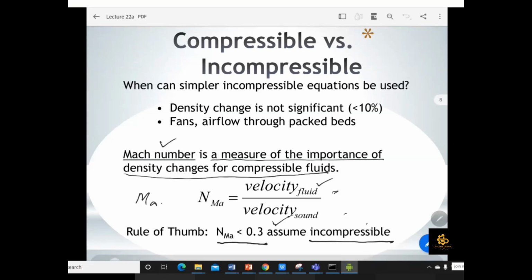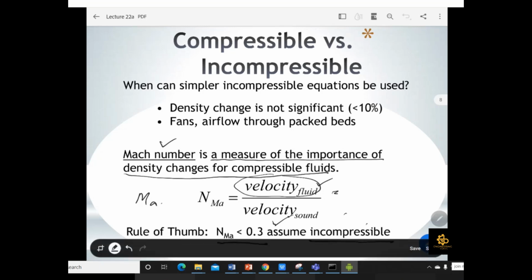If you look at a problem related to aeroplane thermodynamics, where does the velocity of fluid come from? This is the local velocity. For example, I say the aeroplane is moving at 370 meters per second, so this is my local velocity.